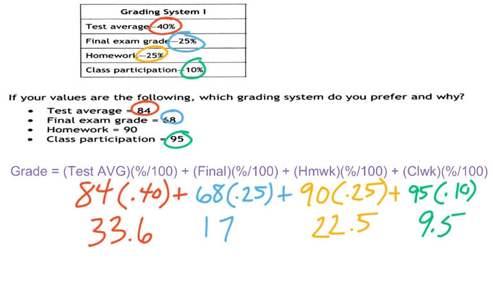And now we have the points associated with each weight. We add these together and we get our grade. So 33.6 plus 17 plus 22.5 plus 9.5 is equal to 82.6.